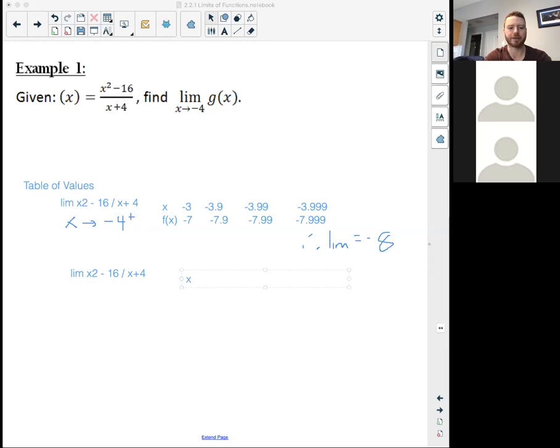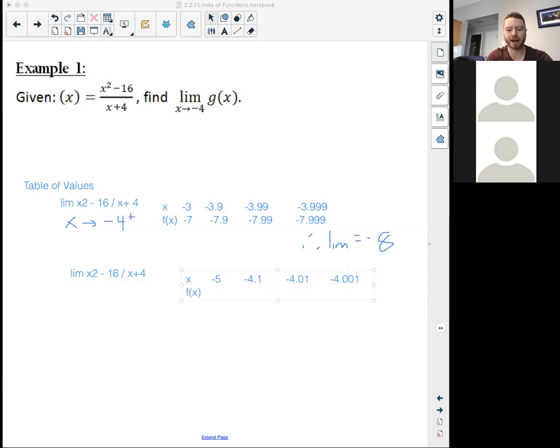So our values for x are going to be -5, -4.1, -4.01, and -4.001. And then we're going to find f of x at these points.